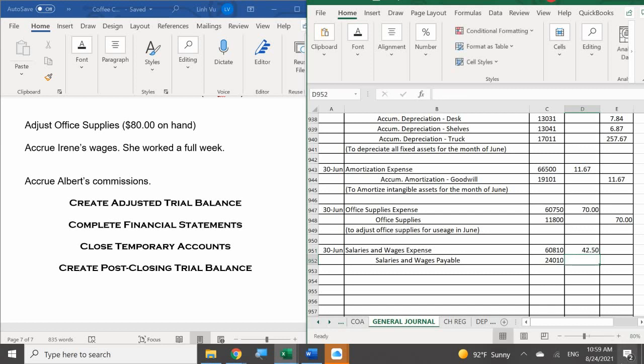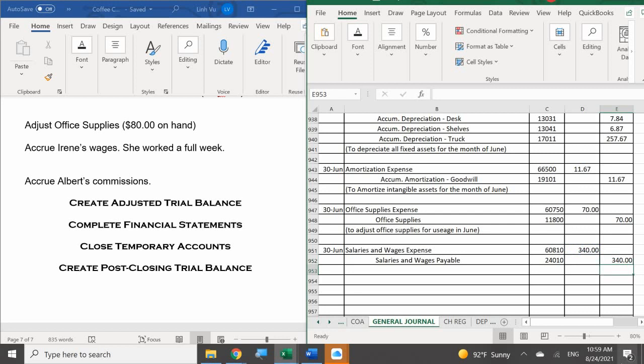So in this case, I owe her, that's $8.50 times 5, a full 5 days times 8 hours. So she worked a full 40 hours. So therefore, she earned $340 so far, and I owe her for that.